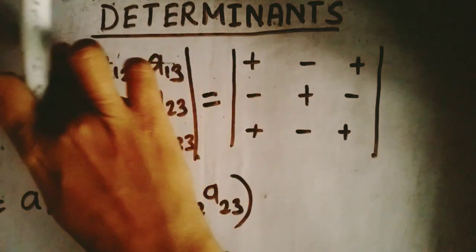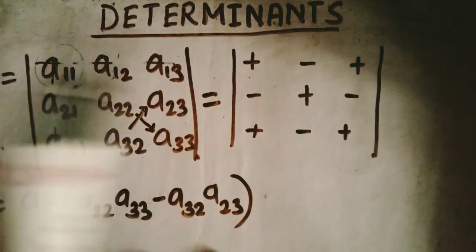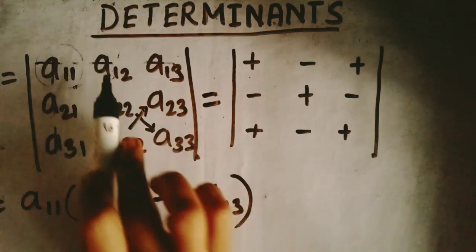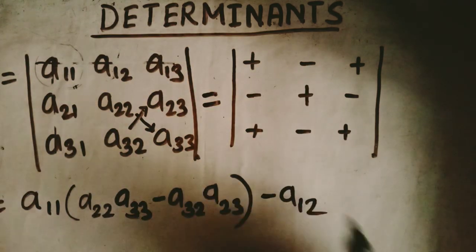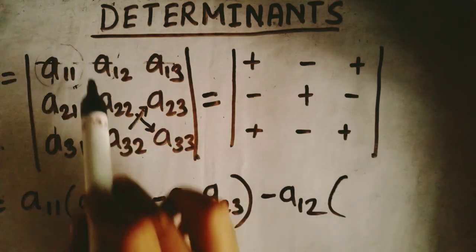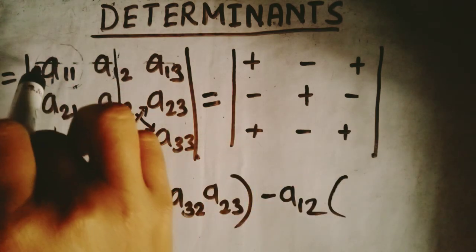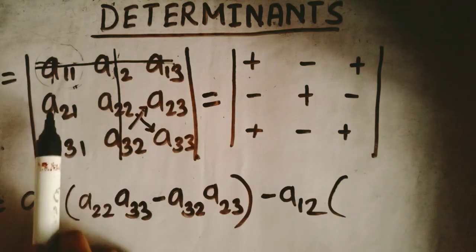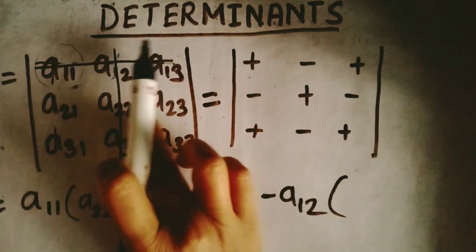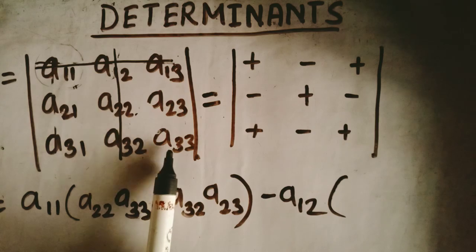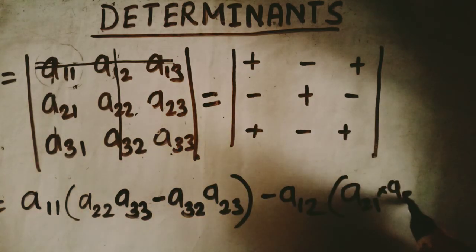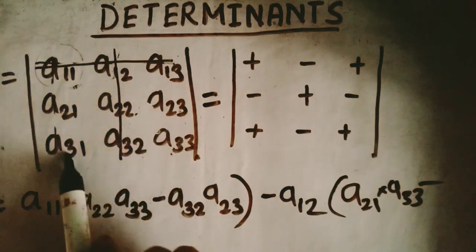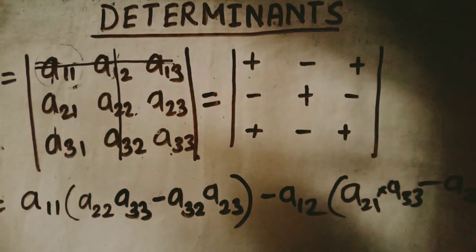Now we are moving on to the next element, A12. The sign of A12 is minus, so this will be minus. Now you have to strike out this column and this row. The elements you have to take are A21 into A33 minus A31 into A23.